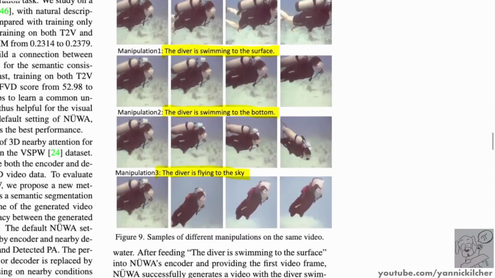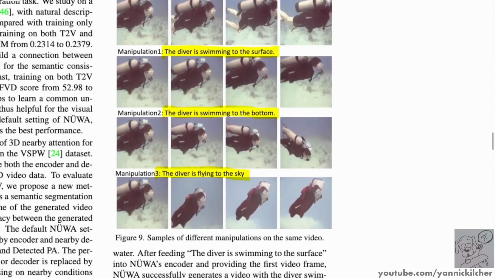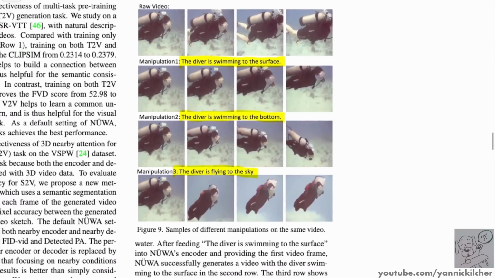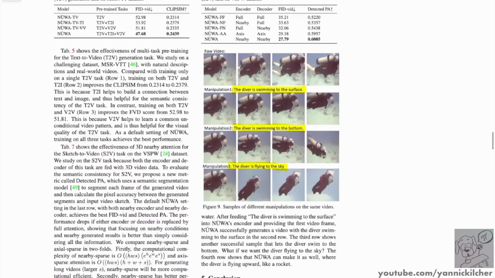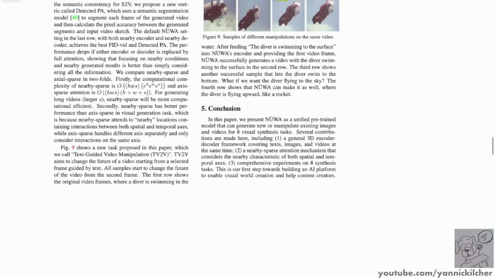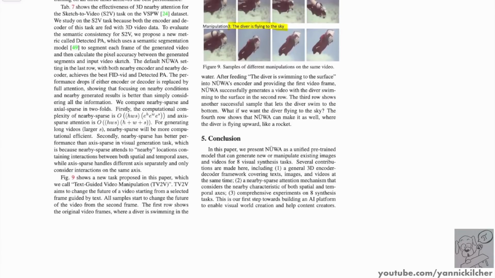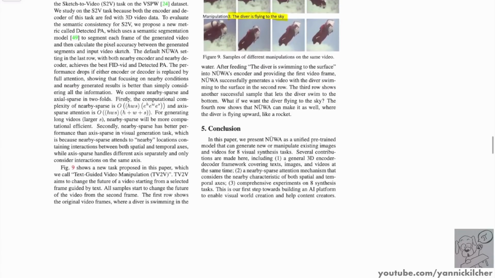Now again, I think the model simply gets the first frame and then needs to continue the video. I don't think the rest of the video is given as conditioning information, but I might be wrong, right? So if I'm right, it would not necessarily be video manipulation, but more like video completion conditioned on text, but still pretty cool.